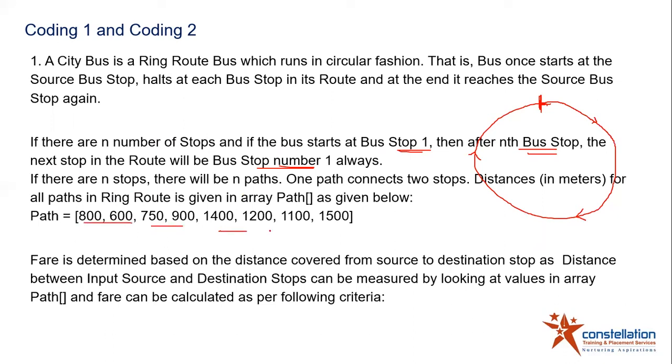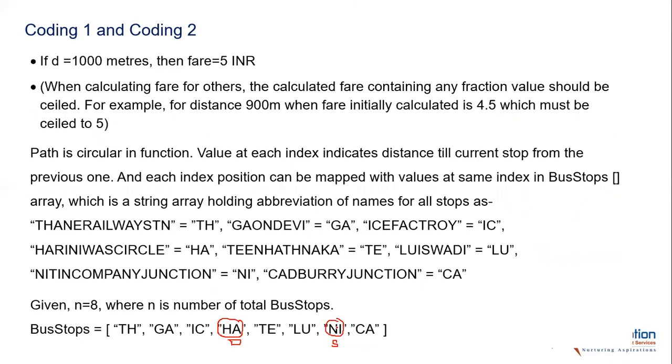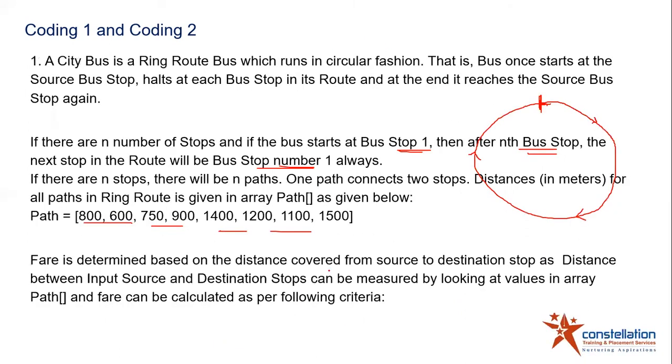So the array is given, simple. Now what we have to do is, let's suppose it is starting from here. If we know the source code, we can find the index. So let's suppose we found the index for NI, it is going to be this one, 7.